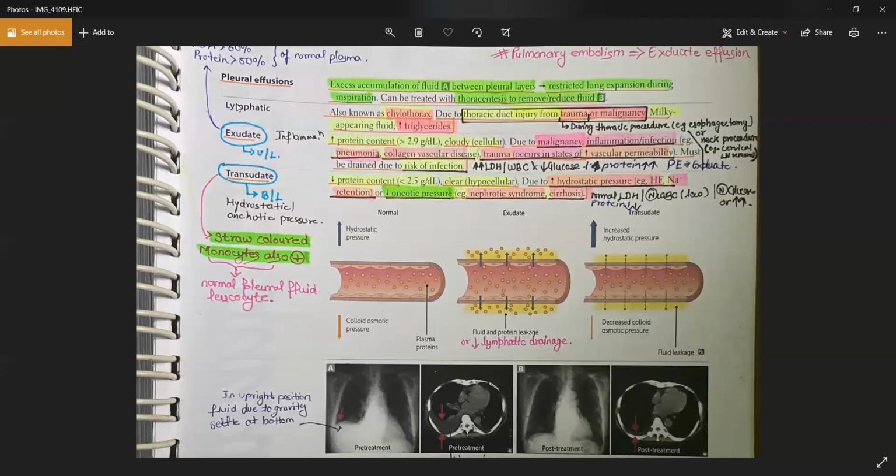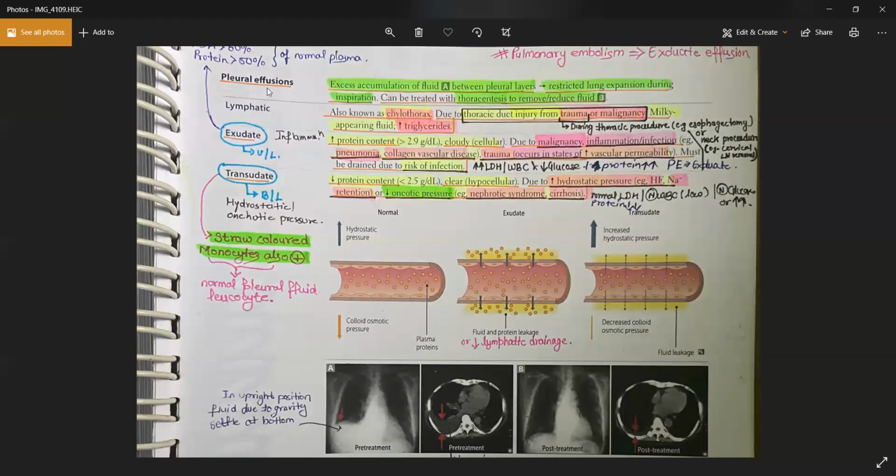The lymphatic fluid will be there whenever you have damage to a lymph node or a lymphatic vessel. That can happen with head and neck surgery or thoracic surgeries. Whenever you damage the thoracic duct, you will have a leakage of fluid inside the pleural space, and that causes a lymphatic type of pleural effusion.